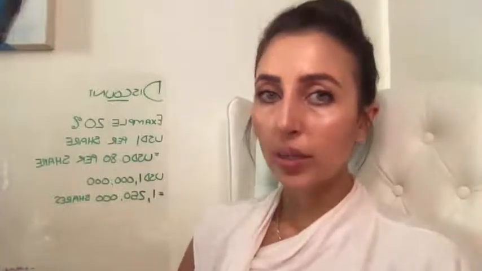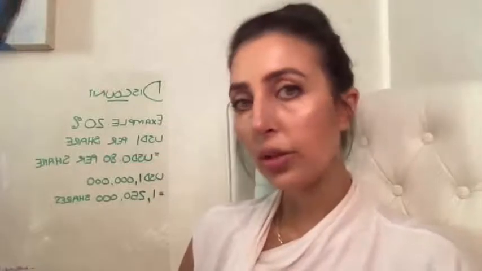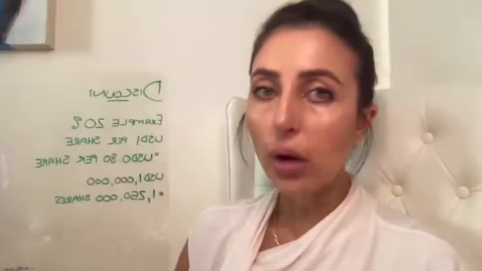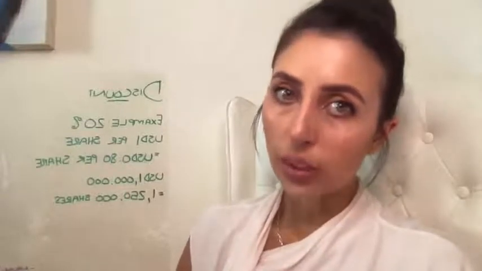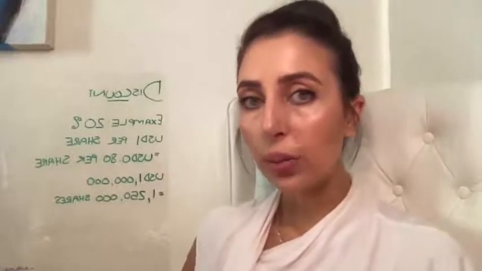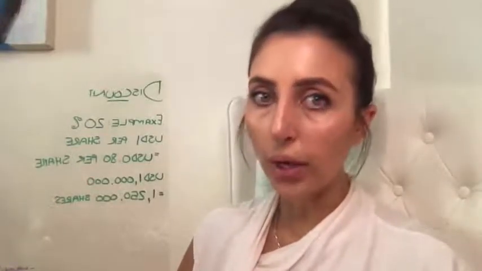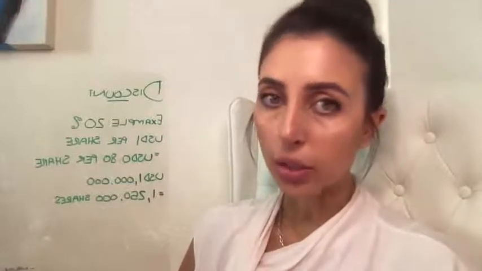So before we explain the different kinds of SAFEs, one also needs to bear in mind that a regular trigger point is the next round of equity financing, or the next round of equity financing once it reaches a certain amount. So the next round of equity financing will mean that the company will be valued at a certain price and the price per share at that time will be determined.